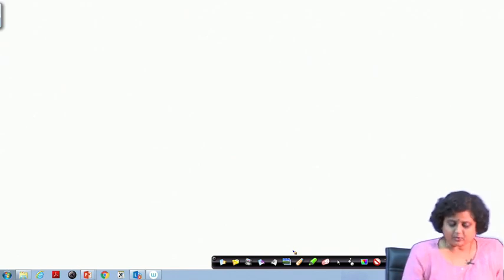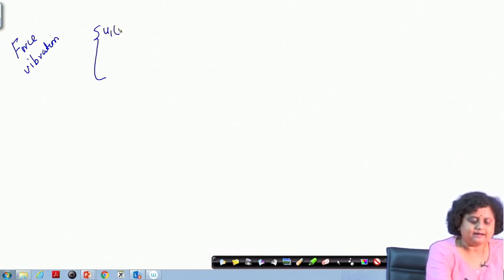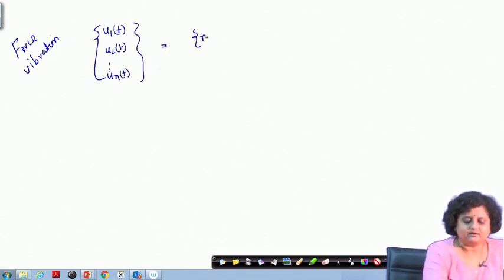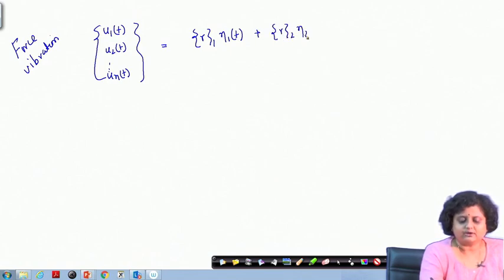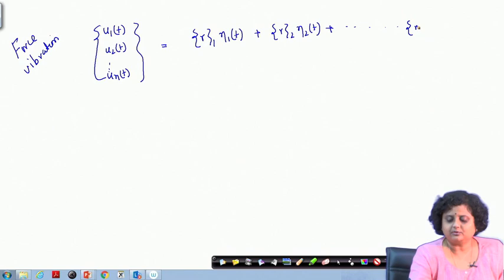So, let me put it in this way. What I am proposing is that for a forced vibration problem, or free vibration for that matter, u1 t, u2 t, so on till un t can be written as the first mode shape into eta 1 t plus the second mode shape into eta 2 t and so on till the nth mode shape into eta n t.